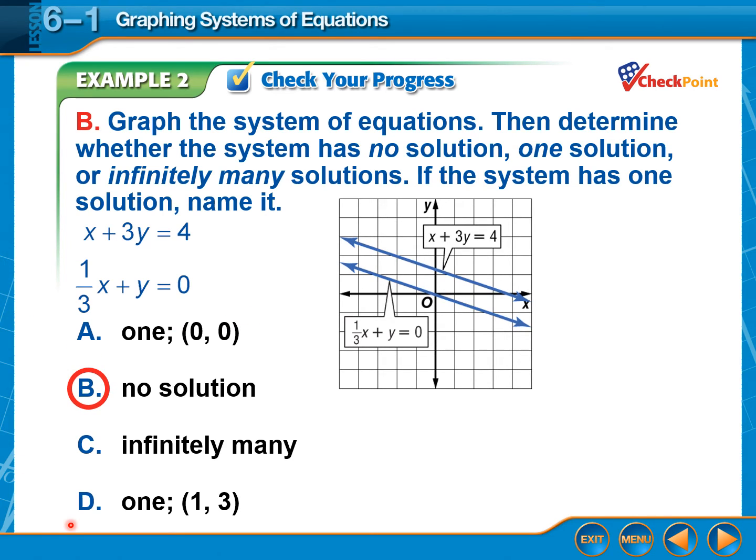And why is that? Well, if we rewrite each of these equations, x plus 3y equals 4, into slope-intercept form, the first thing I need to do is move the x to the other side of the equation. So I've got 3y equals negative x plus 4.